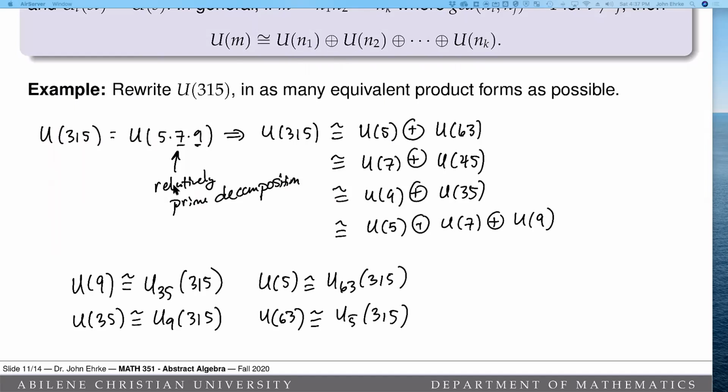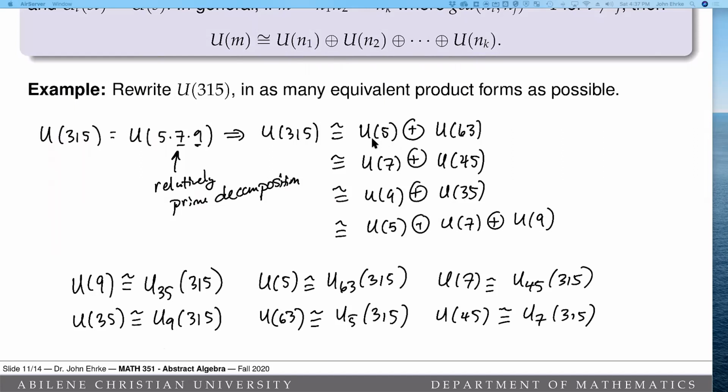And then finally, if we looked at, say, U7, 5 times 9 would be 45. So this is isomorphic to U45 of 315. And U45 would be isomorphic to U7 of 315. And so what I could do is take all of these decompositions and replace them with the UK groups instead.